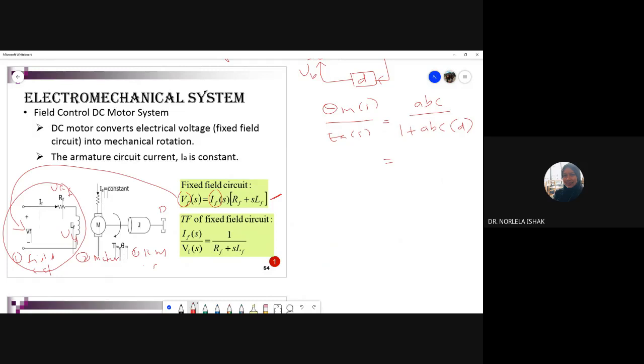Hopefully you remember that voltage or current can be your input or output, and your RLC components could be your gain. So you rearrange the field circuit to get equation number one: output over input equals 1 over R plus LS.